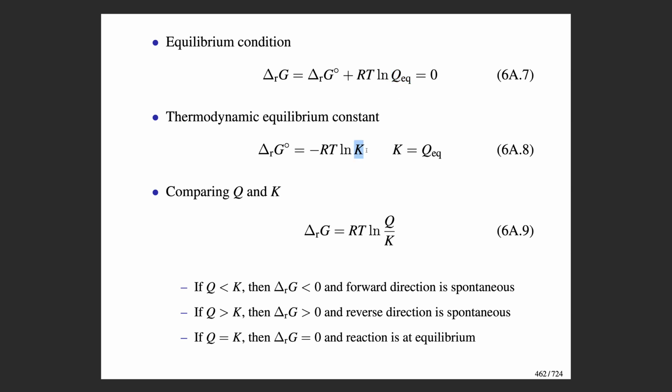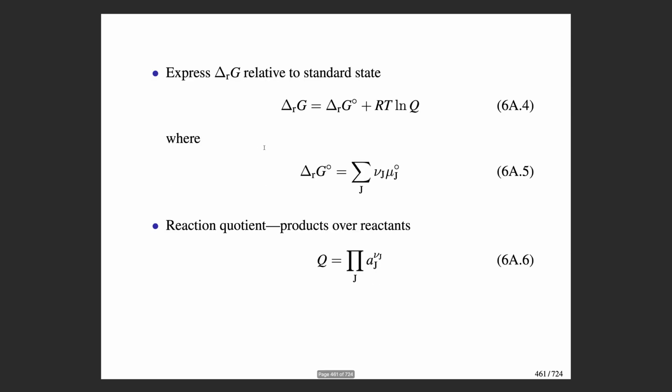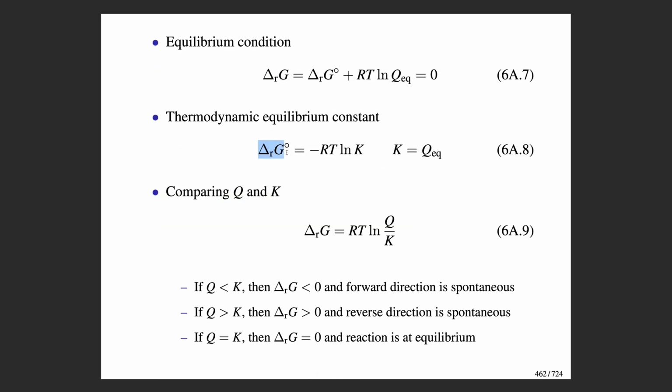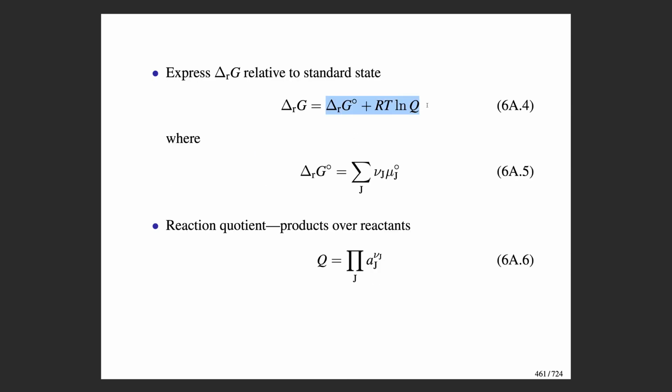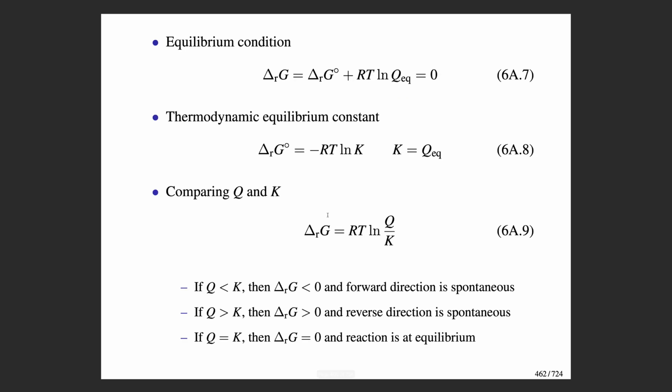And that's what we call the equilibrium constant K. Okay, so when delta G equals 0, Q becomes K. And we have this relationship between the standard Gibbs energy of reaction and the thermodynamic equilibrium constant K. You can combine this relationship here with this relationship, and it'll give you this expression here. And then we can do a quick little sign analysis.